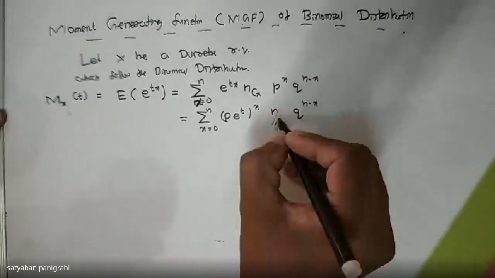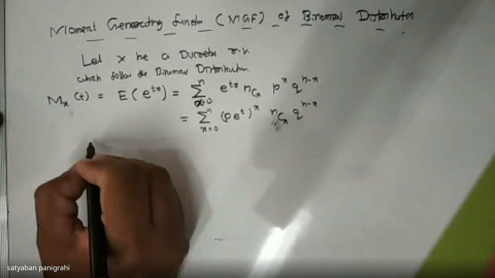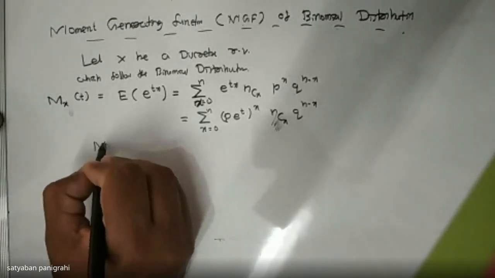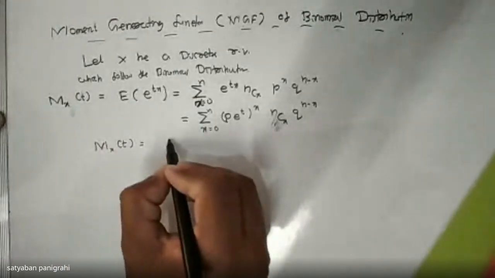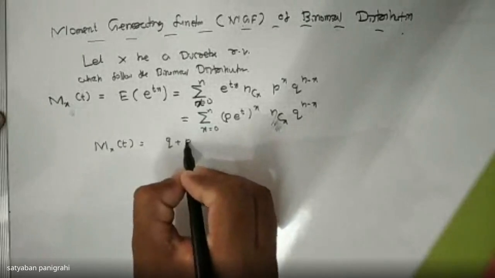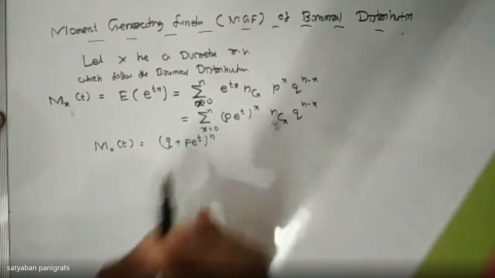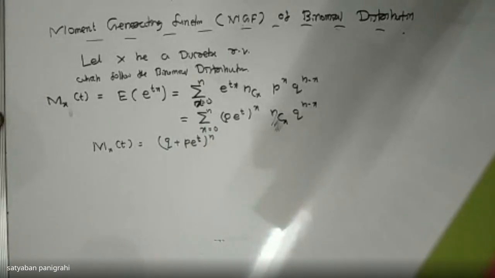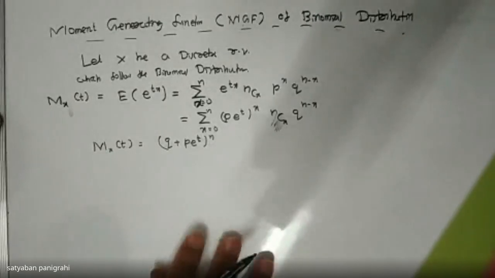Okay, what are we writing? nCx combination. Or simply, in another way, we can say the moment generating function is nothing but (q plus p e to the power t) to the power n.